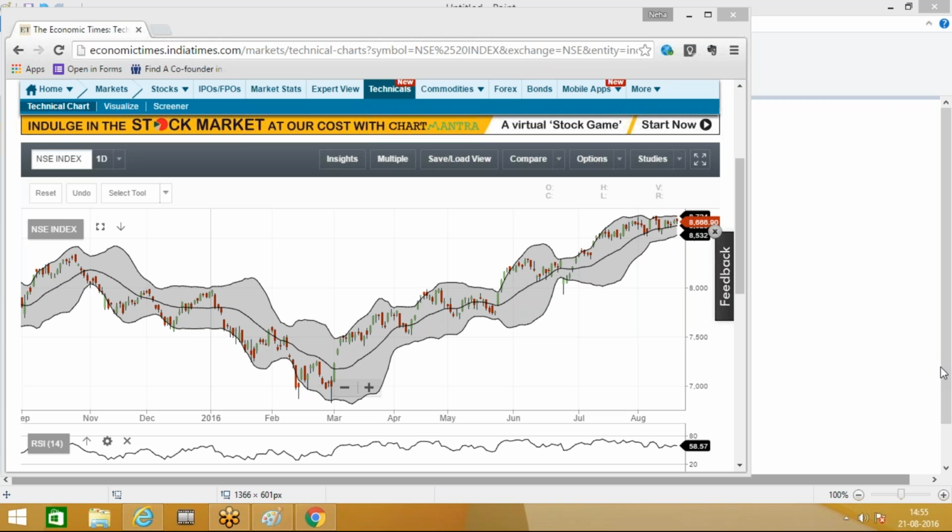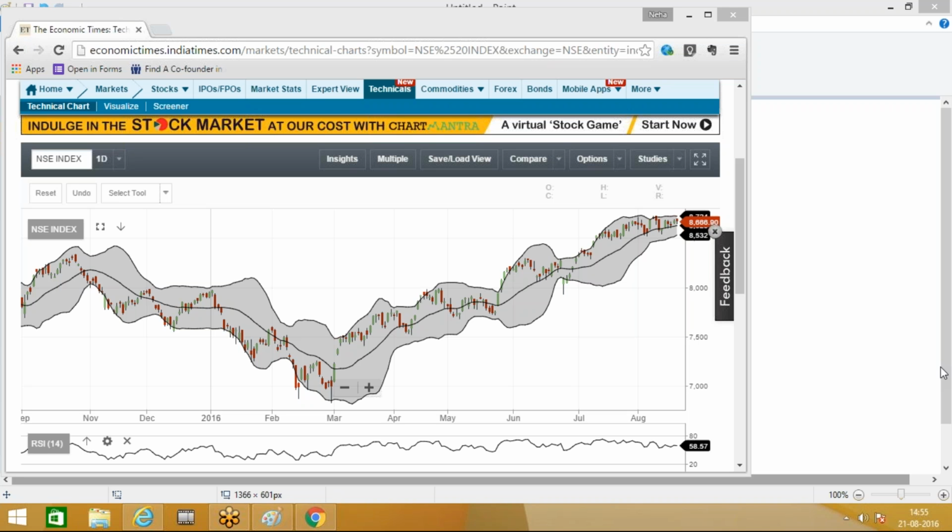So for example, if you're doing a fundamental analysis of a company, let's say State Bank, then your analysis is very specific to the banking industry. Within the banking industry also, within the PSU segment, and then specifically for State Bank as a company.